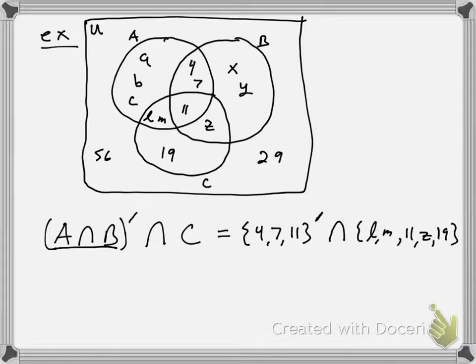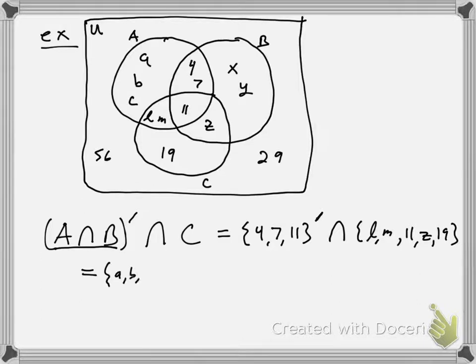Those are the things in C. So 4, 7, 11 complement, well, that's everything outside 4, 7, and 11. So I'm basically going to cross out 4, 7, and 11 and take everything besides those three elements that are in the universe. So that's a huge list. That's okay. Sometimes you just have to be tedious with this and write it all down.